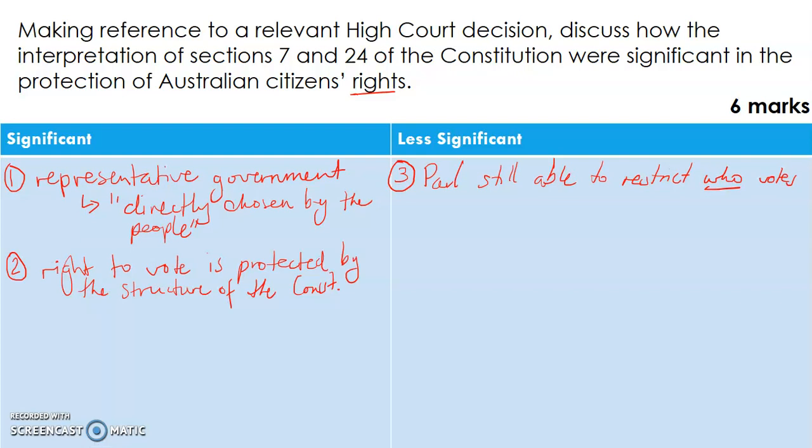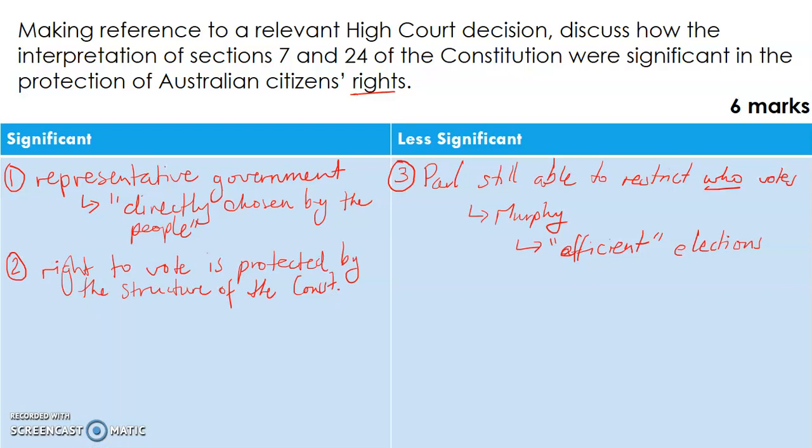If you've gone ahead and done some extra research, you could also talk about the Murphy case, where the High Court said that allowing for the, I think it was the efficient management of elections, that is reason enough to bring in some restrictions on who can vote. That's the Murphy case, extra reading for people who are interested.